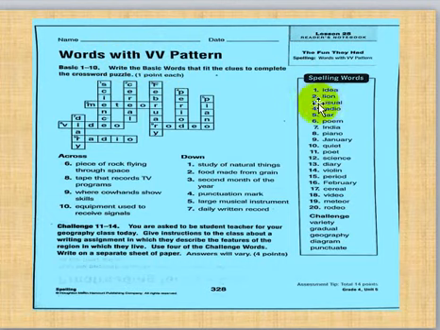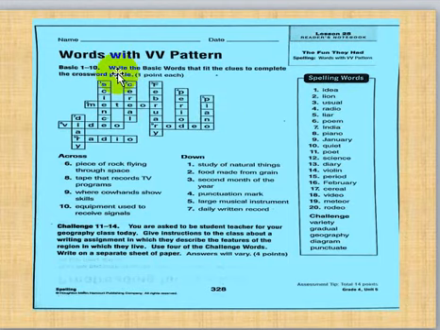Like what? Idea or lion. Idea, E-A is VV. Usual, U-A, U is a vowel and A is a vowel. Two vowels together. Okay.